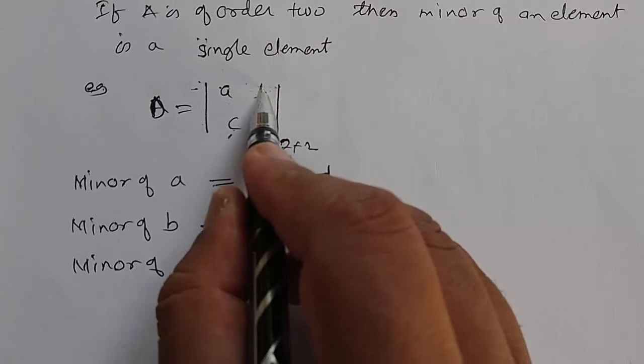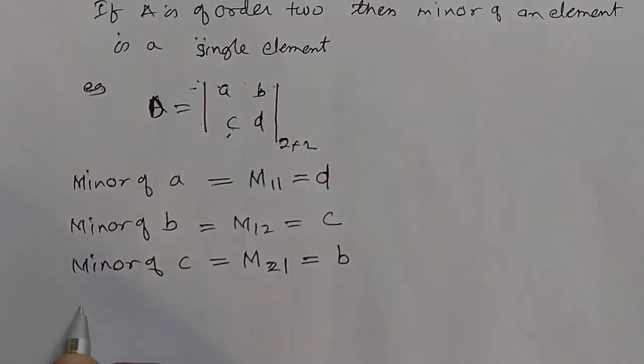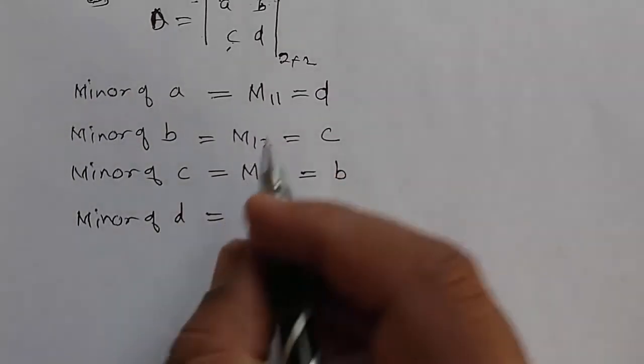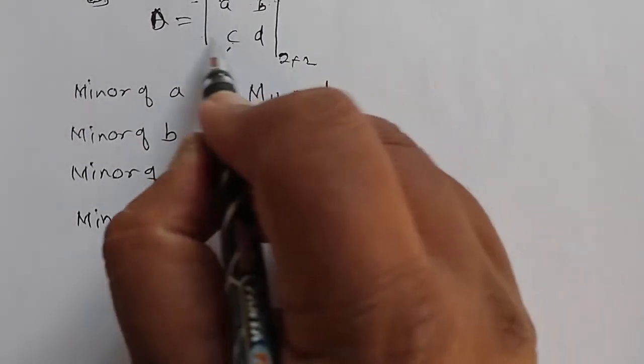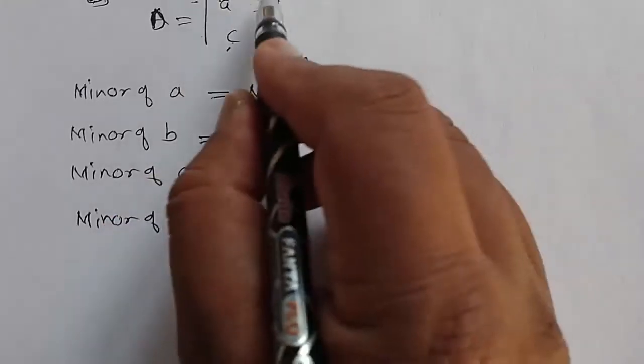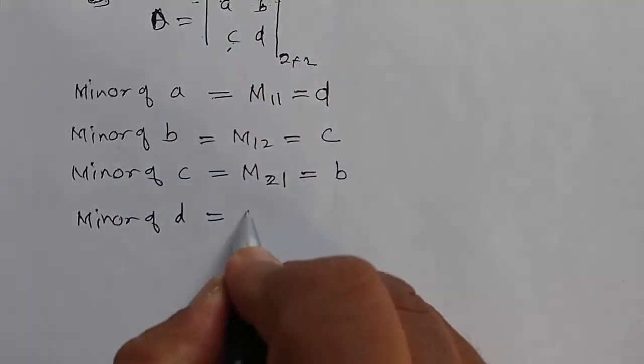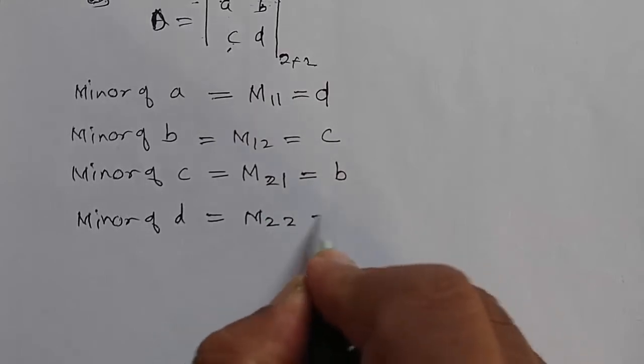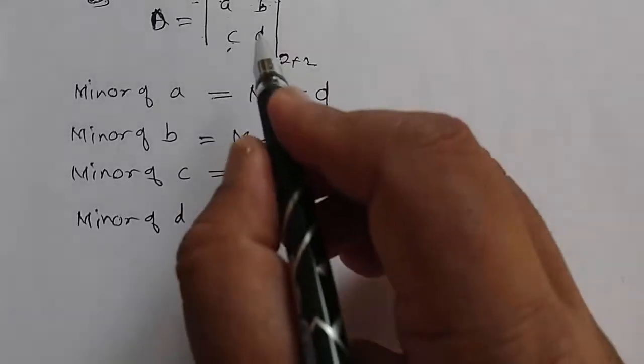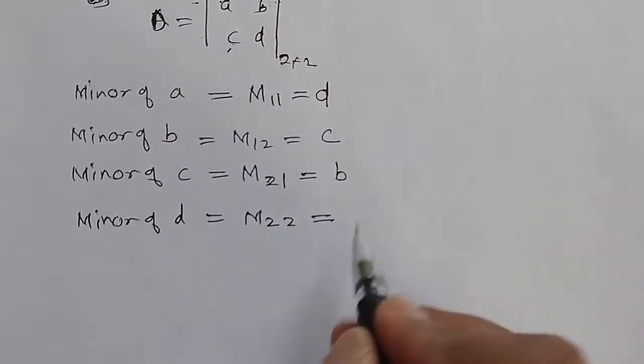By eliminating this we get B. Next, minor of D. D belongs to second row second column, so M22 is equal to, by eliminating this, we get A.